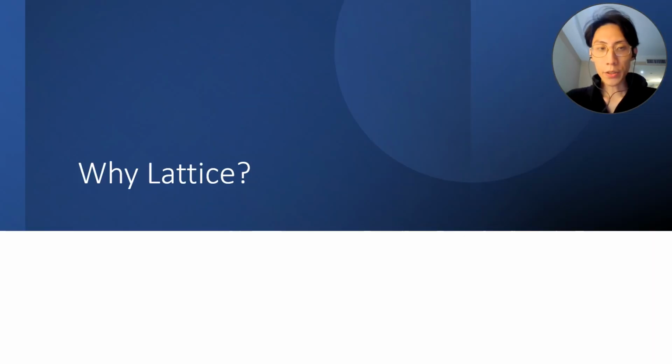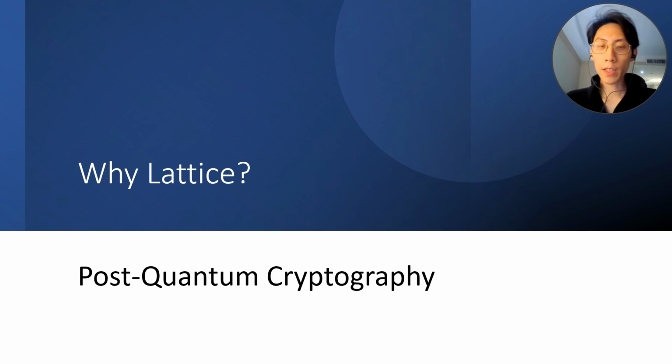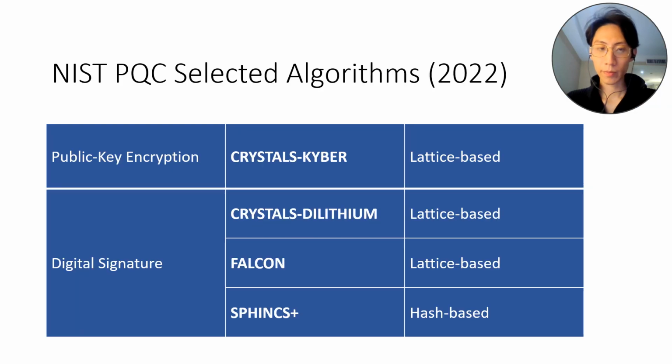Next, the natural question to ask is: why do we study lattices? What's so special about lattices? A very short answer to this is that it's an important candidate for post-quantum cryptography. In particular, last year, NIST, the US National Institute of Standards and Technology, announced 4 selected algorithms for post-quantum cryptography.